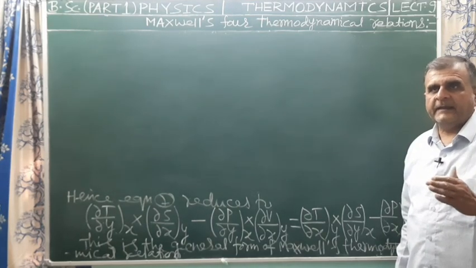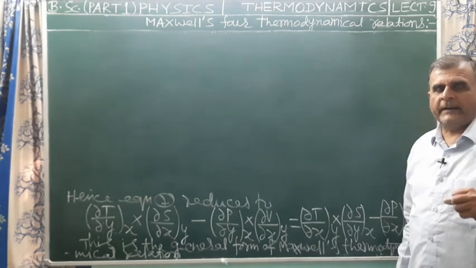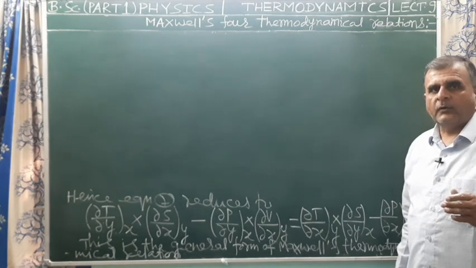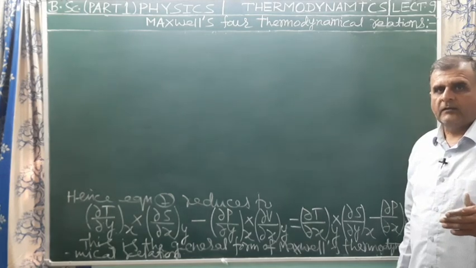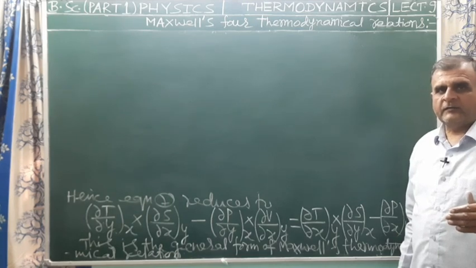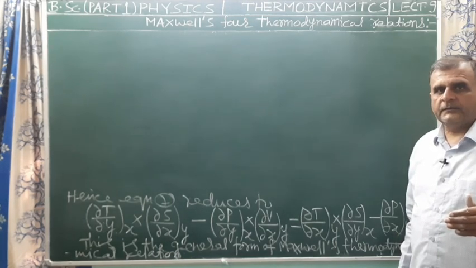So SV is the first set, TV, temperature and volume, is the second set, entropy and pressure, that is SP, is the third set of two variables, and the fourth set of two variables is temperature in place of x and pressure in place of y.